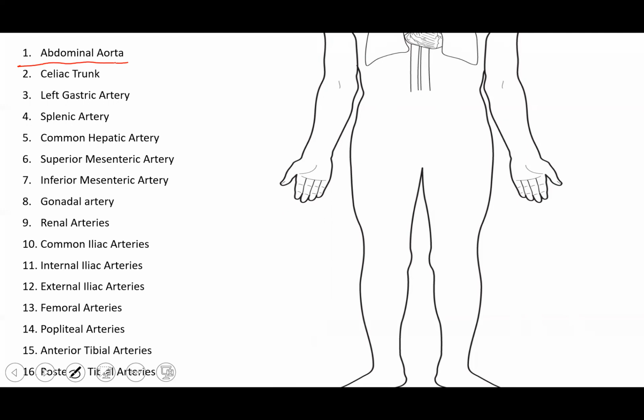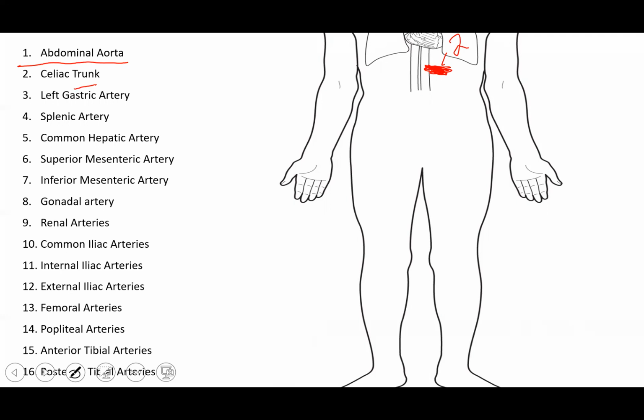We are going to add in these branches off of the abdominal aorta. Keep in mind that it is the left vessel. The very first branch that branches anteriorly off of the abdominal aorta, my goodness, my finger is very big on the screen, is the celiac trunk. This is number 2. As we know, the word trunk implies that this vessel is going to branch pretty soon.